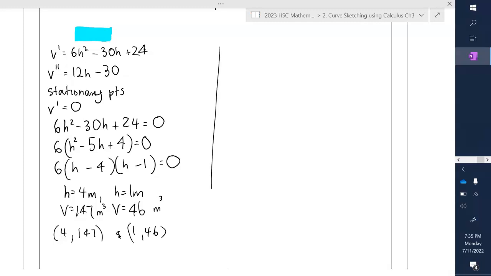Now let's just confirm that we know what the nature of those points are. So the nature of the stationary points. Okay, so to do that, we want to work out what V double dash is at those.